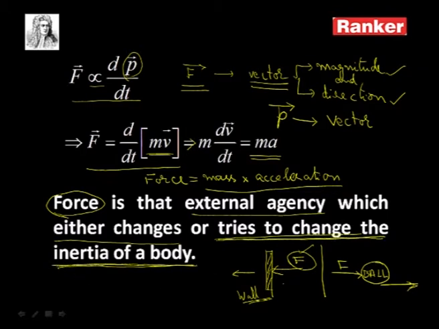That is, it is already at rest. It will remain at rest only when the force is not sufficient for it to move. Whereas in the second case, the force you are applying is sufficient for the ball to move. Therefore, the ball comes into motion. That means it is now changing the inertia of the body.